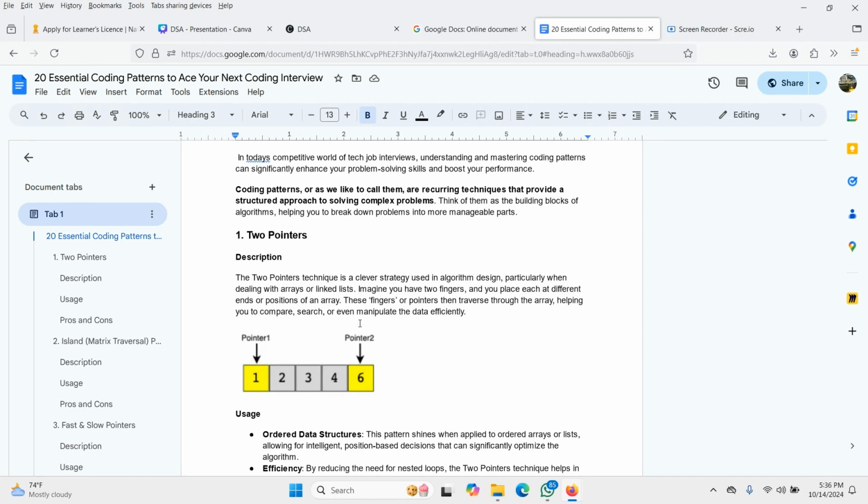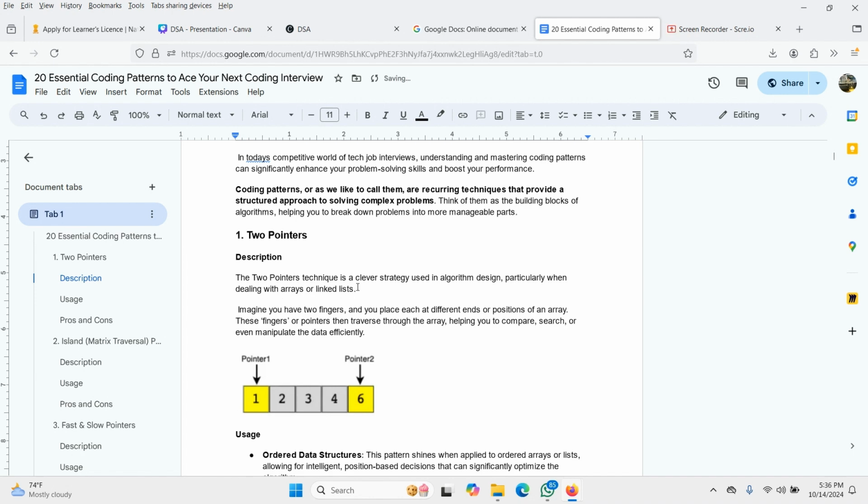So you can identify a two pointer problem with this real life example: you place one finger at one end and the other at the other end, and start traversing from the right in or the left in.